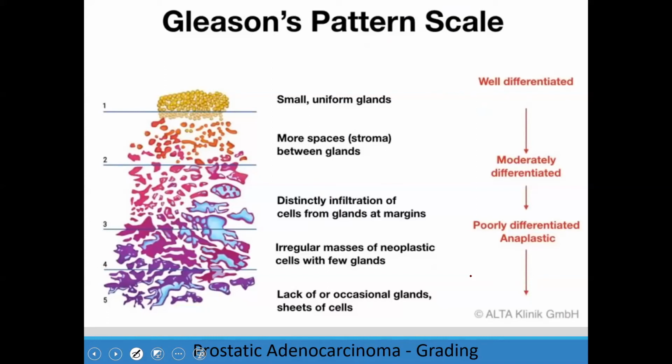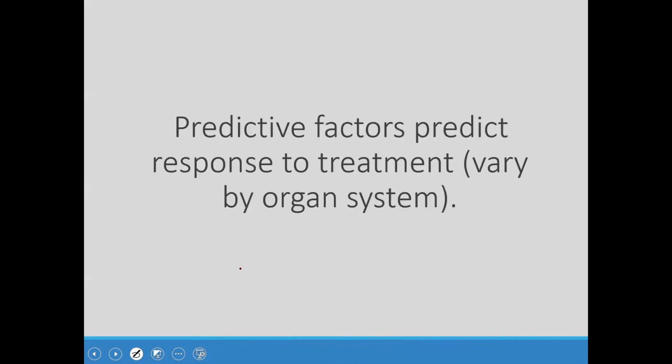So for example, if we see small uniform glands, as is highlighted here, that would be a grade 1. Whereas if we see lack of glands and sheets of cells, that would be a score 5. And so we do look at architecture and the cells themselves. Depending on the organ system, it varies depending on the type of tumor to try to determine a grade. And the grade will also be important for prognosis.